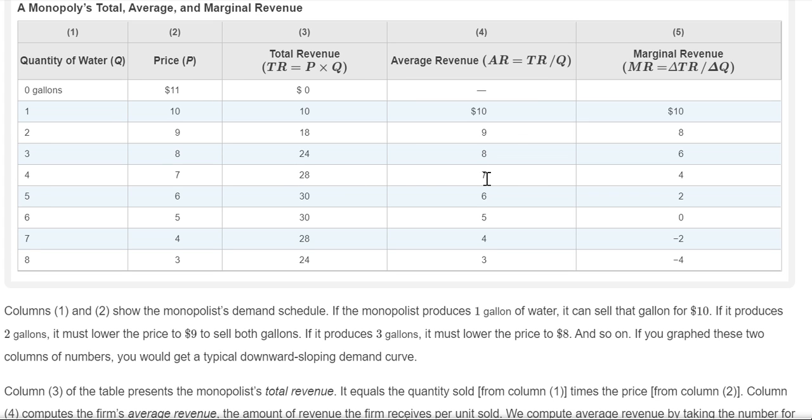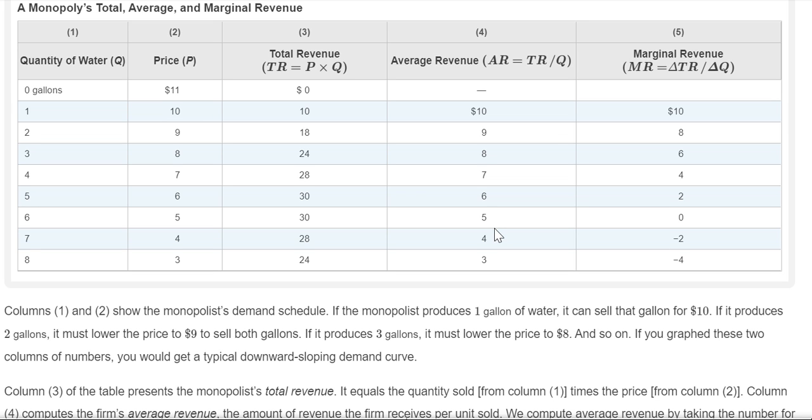You'll notice a strong similarity between the average revenue and the price. Notice those columns are the same? It's just an observation, because that's basically how the system works. 99% of the time, these two columns, column 2, the price, and the average revenue, are going to be identical.